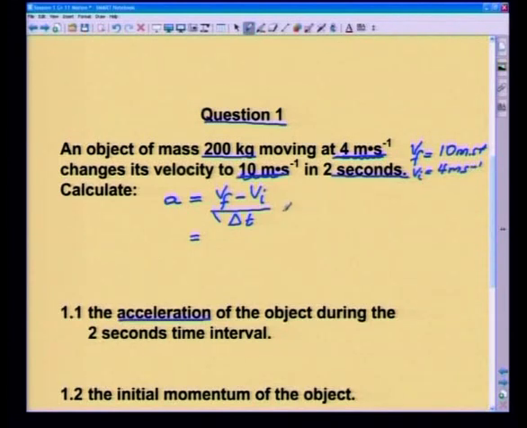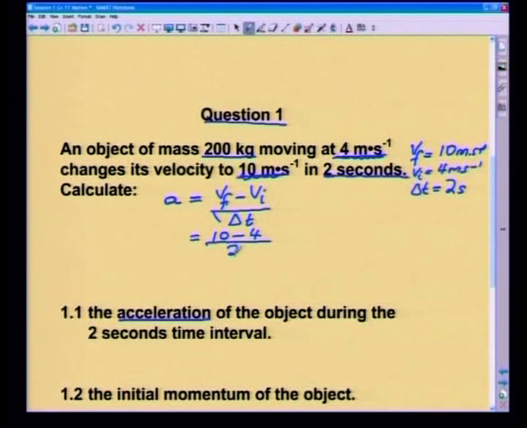So when we are to substitute into our equation here, we know that V final is 10. So for VF, we're going to put 10 minus V initial is 4 meters per second. So we're going to put 4 for that. Then the division line. Delta t, what is our time? This process occurred in 2 seconds. So our delta t is 2 seconds.